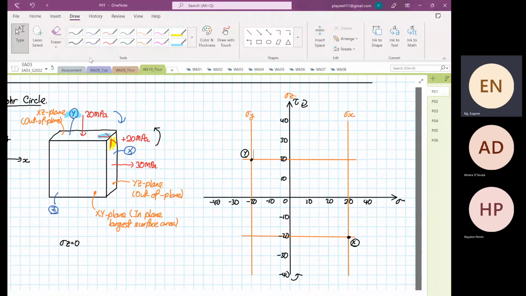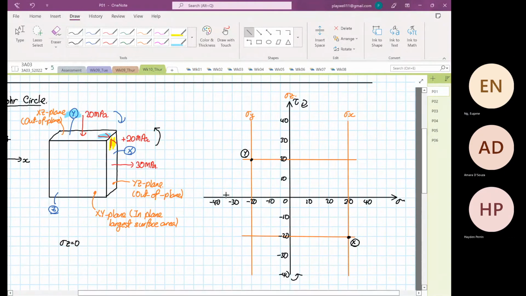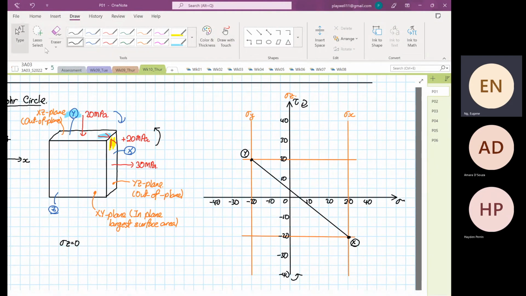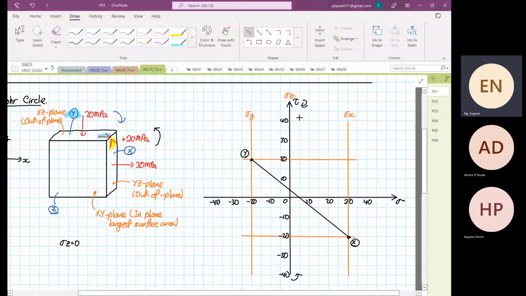Then we can construct a line between point X and point Y. Then we know that we have an average stress of 5 megapascal, as you can see by observation.